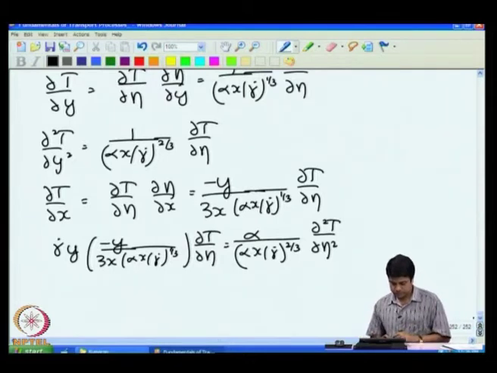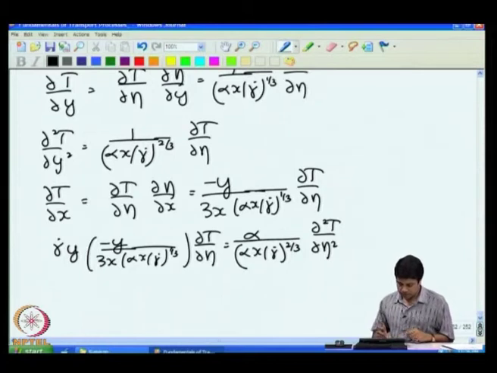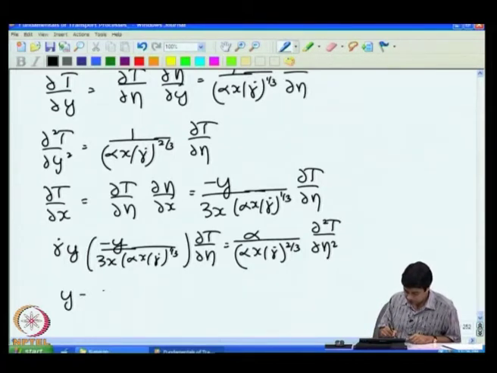So, I can simplify this a little bit by using the simplification y is equal to eta into alpha x by gamma dot power 1/3.